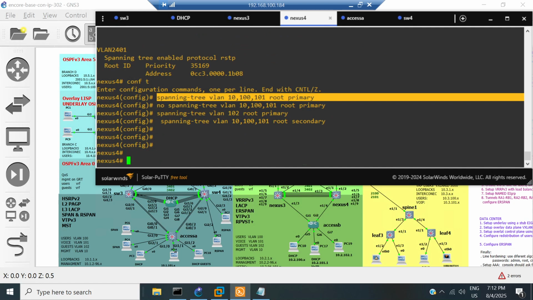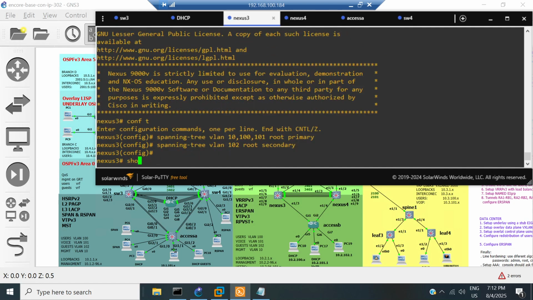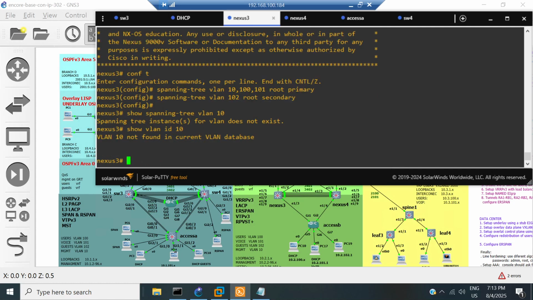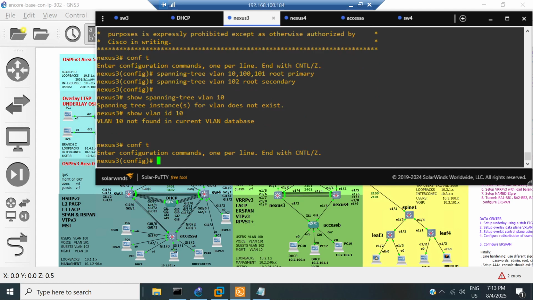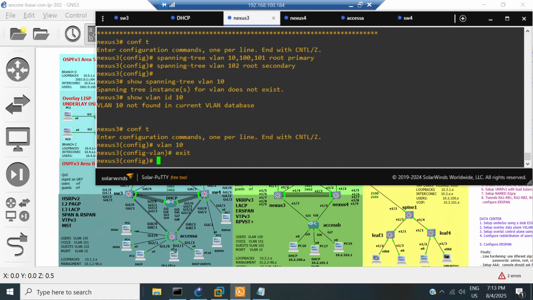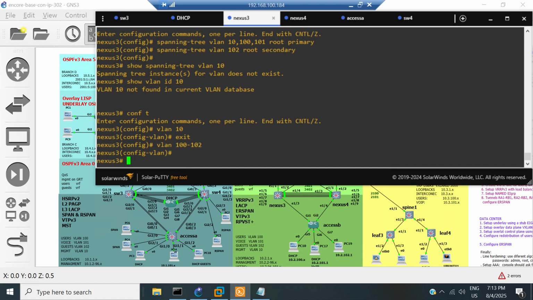Okay, so if we issue show spanning tree for VLAN 10, okay, I have to create VLAN 10. This is a leftover from a previous lab, VLAN 100 to 102.